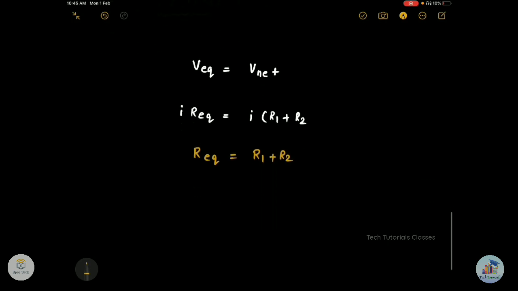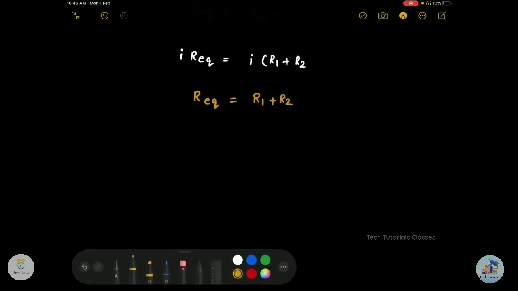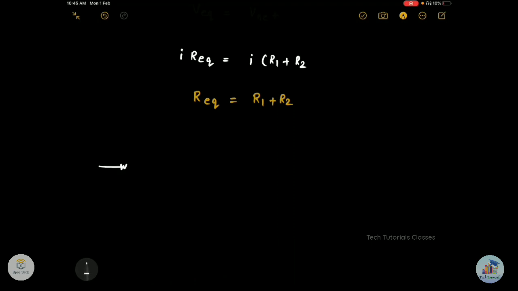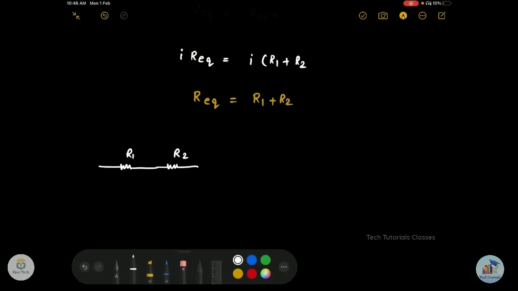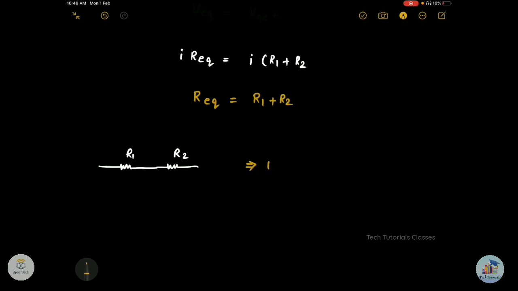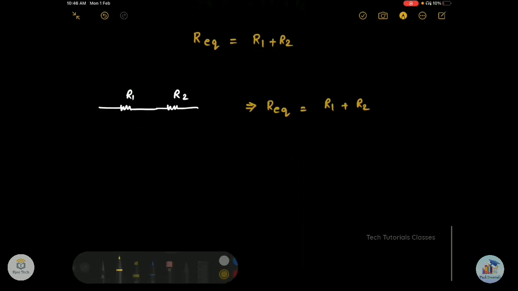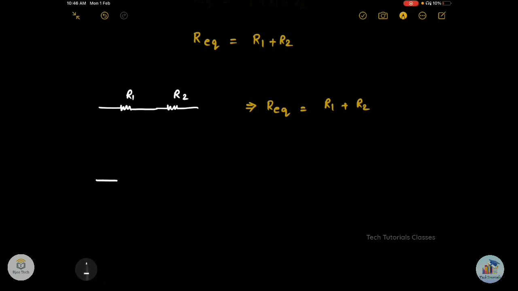Now we'll generalize this formula. Suppose I have these resistors R1, R2. What will be the equivalent resistance? As you have guessed, just sum them up. Series connection, so just sum up: R1 plus R2. Suppose I have three circuit elements, R1, R2, and over here R3.